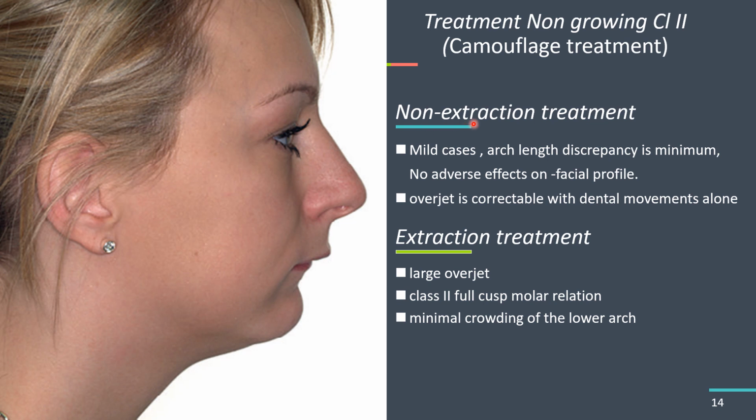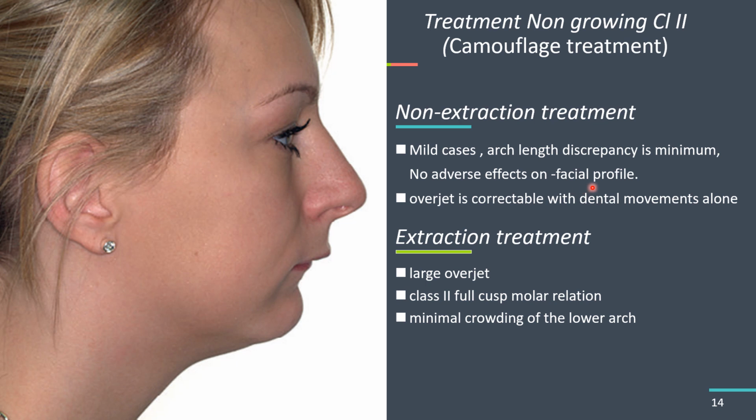In the non-extraction treatment, there is no need to extract any teeth to correct the class 2 cases, and it is indicated in mild dental and skeletal class 2 cases when the arch discrepancy is minimum with no adverse effect on the facial profile.